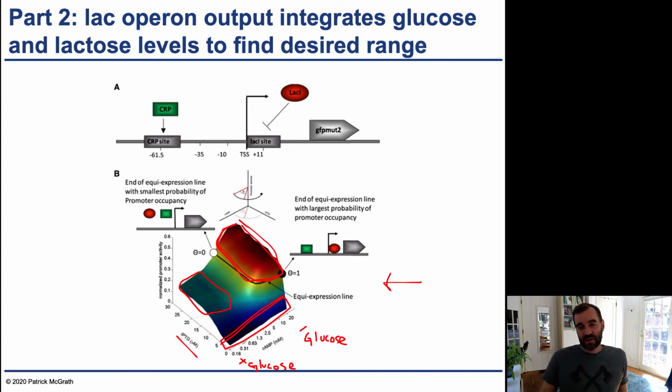And so why does the cell do that? If you have both glucose and lactose within the environment, you primarily want to use the glucose first. It's an easier sugar to metabolize for the cells, and so they primarily dedicate their energy to using that source.